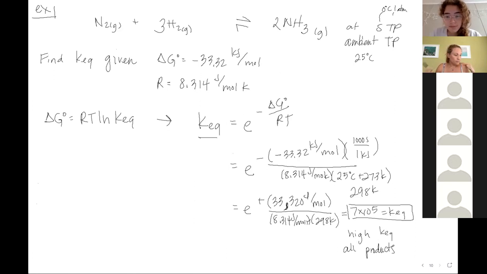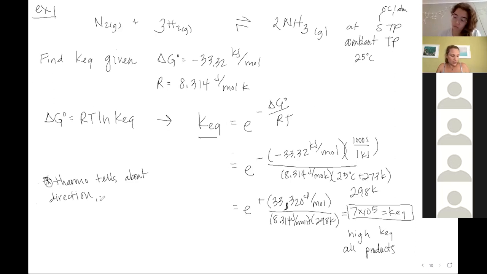Okay. So this is a high KEQ. It's going to favor products at ambient temperature at equilibrium. But one thing to keep in mind: thermodynamics, the Gibbs free energy and enthalpy, tells us about direction. It tells us which way it's going to go and if it's endothermic or exothermic.